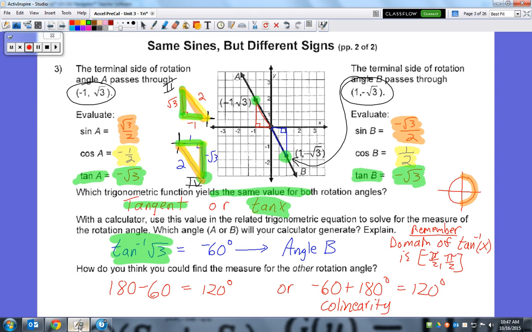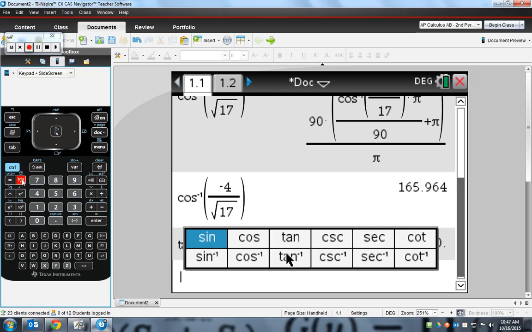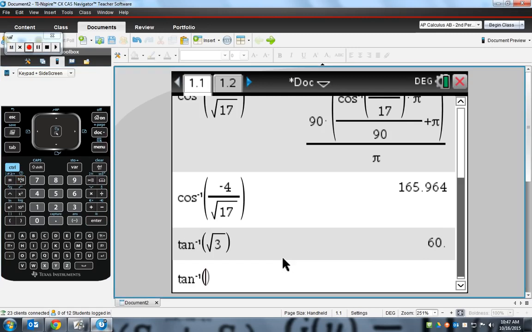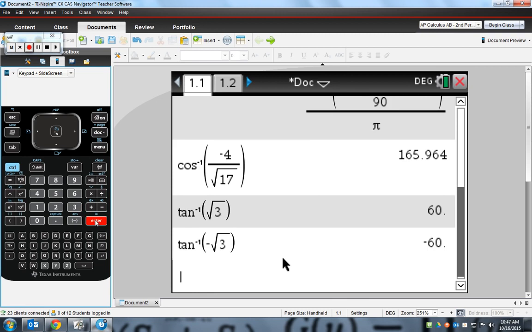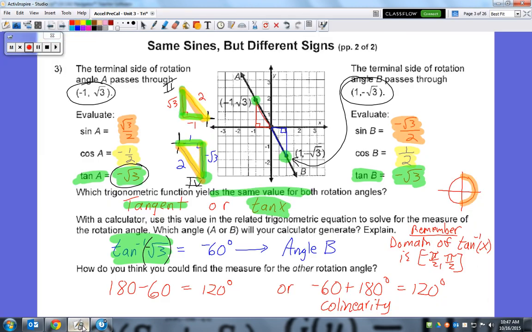I just realized I made a mistake, it's not the arctangent of root 3, it's the arctangent of negative root 3. No worries there. So I will go again and say the arctangent of negative root 3, control enter, and I get negative 60, which is the answer that it should have yielded. Because negative 60 is this one.